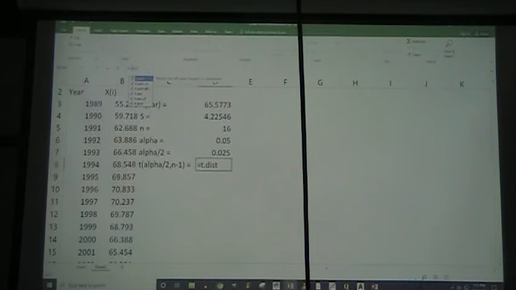Ah, there we go. How about T inverse? All right, and what do we want? Oh, we want the probability 0.05 and the degrees of freedom at 15. And get rid of that. There you go. See, it gave us our 2.131.